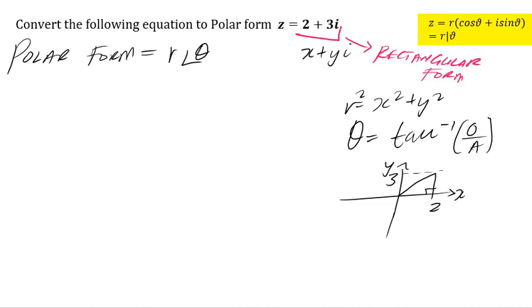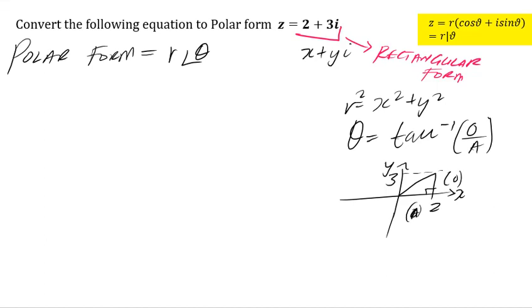For a right angle triangle you use the Pythagoras theorem. So you look at what you have. Your opposite will be 3, opposite over adjacent, and adjacent is 2.